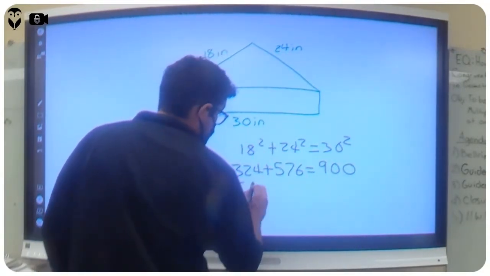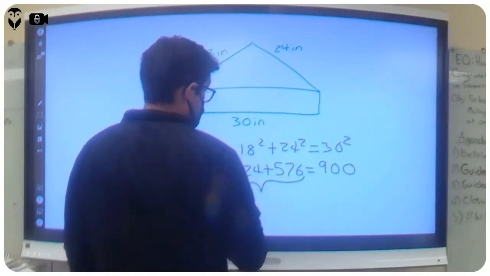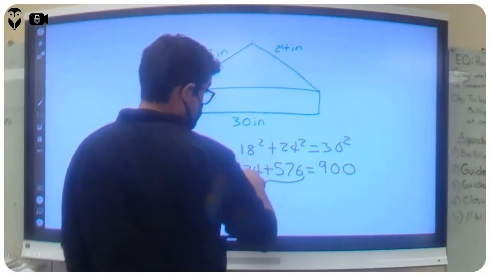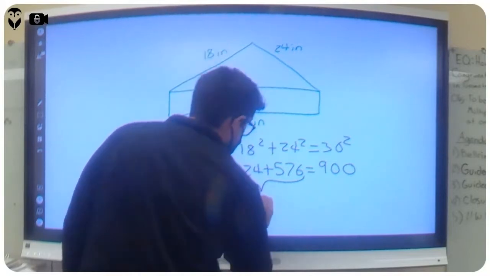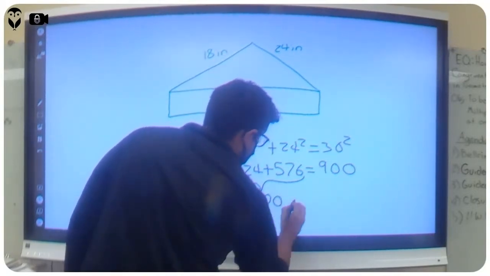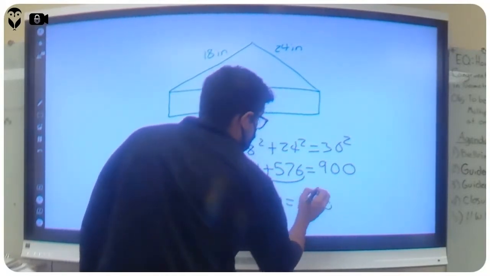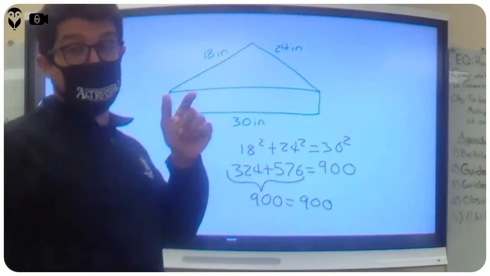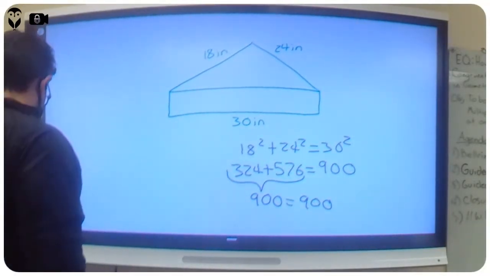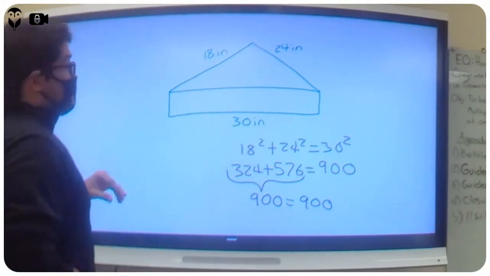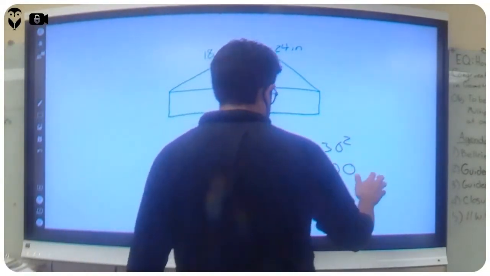If I combine these two, that's 900. 900 on the dot equals 900. Is this a right triangle? Is this going to go in that right triangle corner? Yes, it will. So it's using the information we learned from our previous sections to solve these problems.